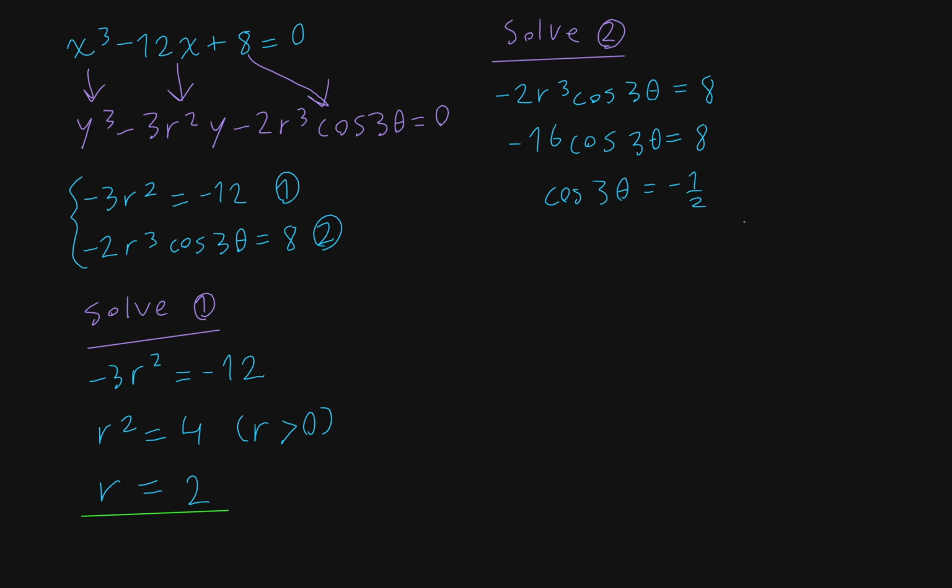And same thing here. We don't need to find the angle in any other quadrants except for the first one, because the way we travel around to get to each of the vertices is just by an increment of 2 pi over 3. We don't need to find any of the other solutions here. So all we're going to get is 3 theta is equal to 2 pi over 3, the first one.